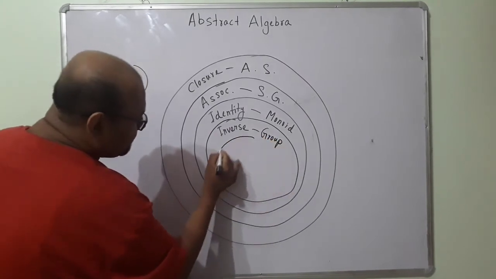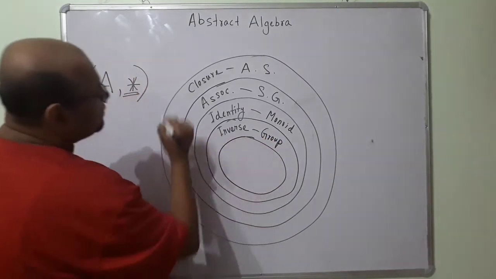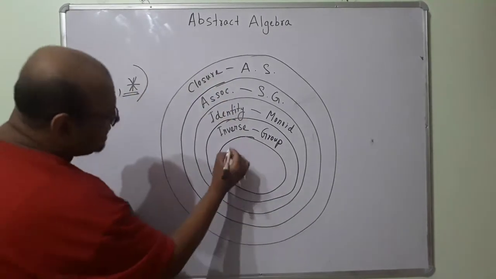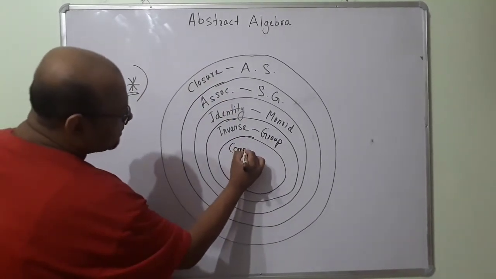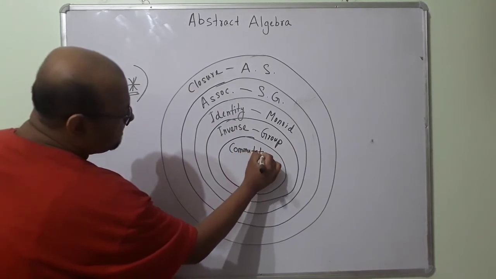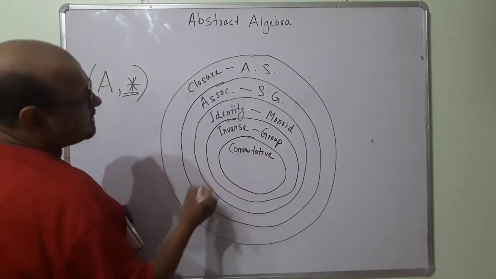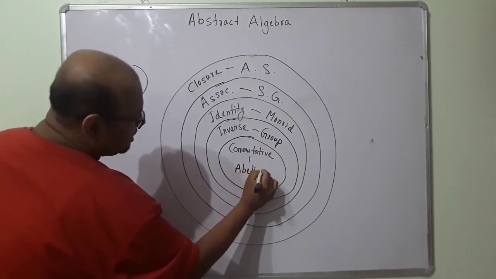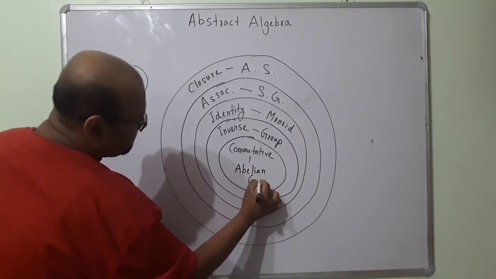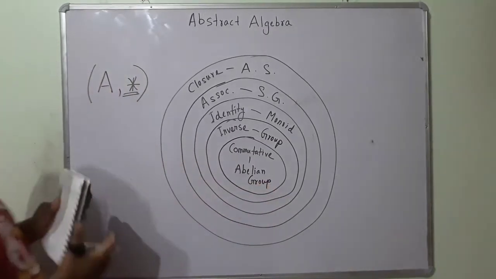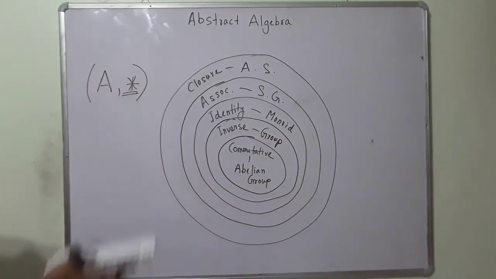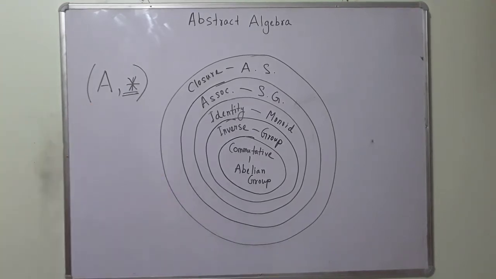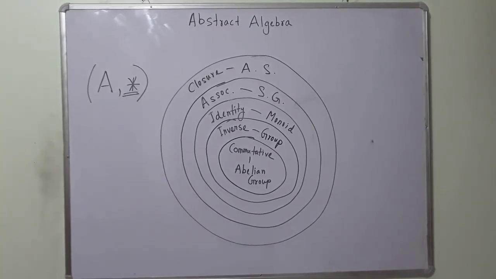And if it is closed, associative, identity exists, inverse exists, and the commutative property holds, then it is an abelian group. Alright, so this is the relation between all these different types of structures.